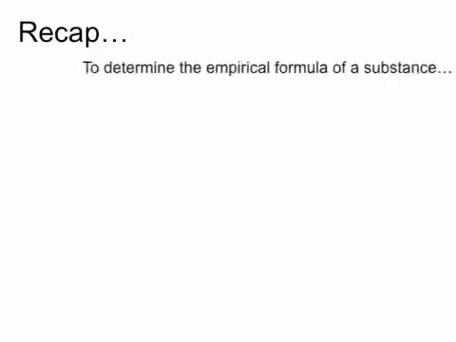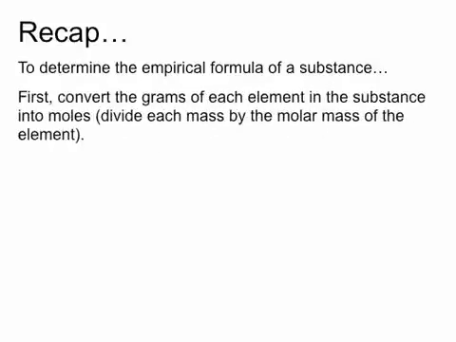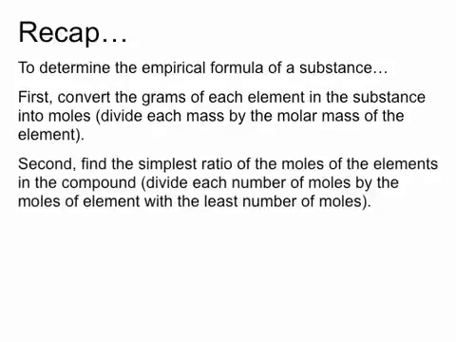So, to recap, to determine the empirical formula of a substance, first we convert the grams of each element in the substance into moles. We do this by dividing each mass by the molar mass of the element. Next, we find the simplest ratio of the moles of the elements in the compound. We do this by dividing each number of moles by the moles of the element with the least number of moles.